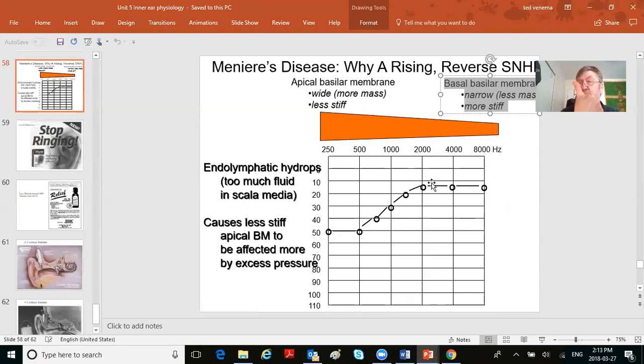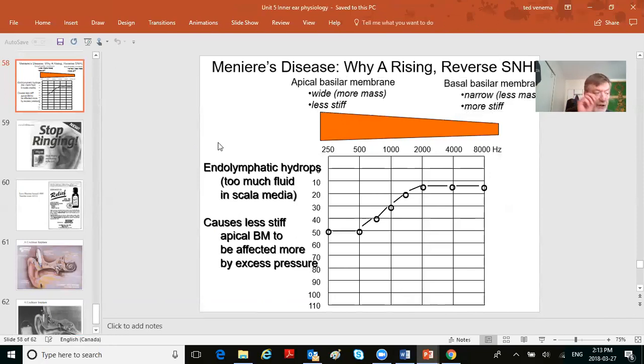What is it now? Presbycusis, noise-induced loss, Meniere's disease. Meniere's disease, I should say, is really weird. It's very, very episodic. The person feels it come on like an aura, like you're going to have a seizure. Oh no, I think I'm going to have another attack. And the person hears a roaring tinnitus, a roaring sound in the ear.